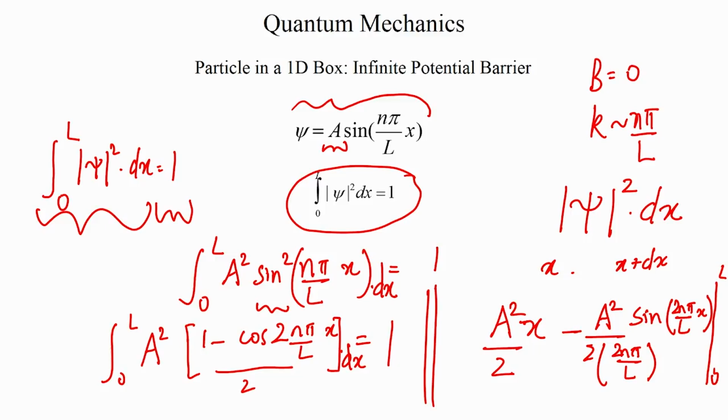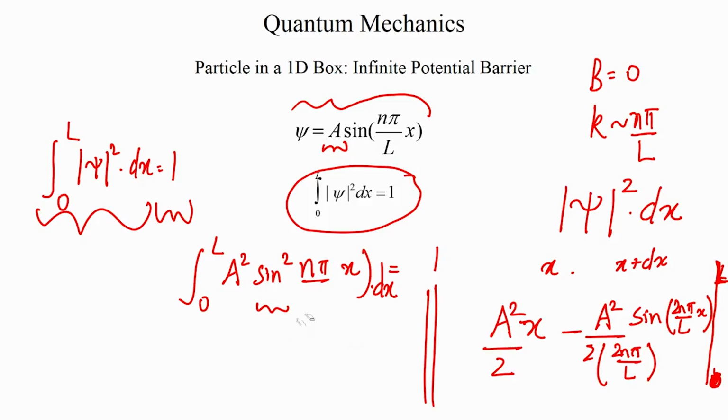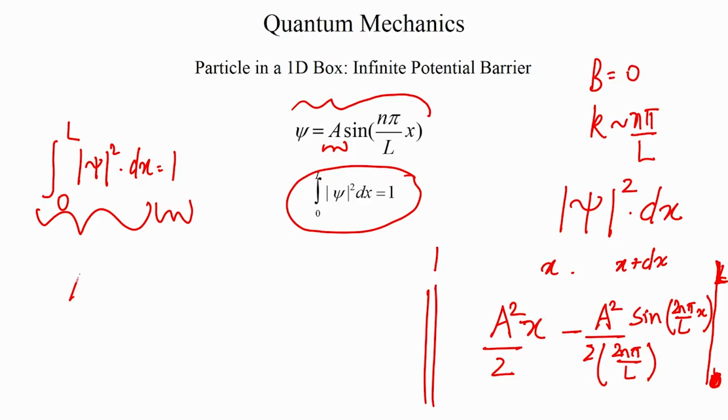So the first term, if I apply these limits, sorry, I'm not talking about the boundary condition, I mean the limits of integration are from 0 to L. So if I apply these limits, what do you get? The first term becomes A square by 2 into L, and 0 just results in 0.